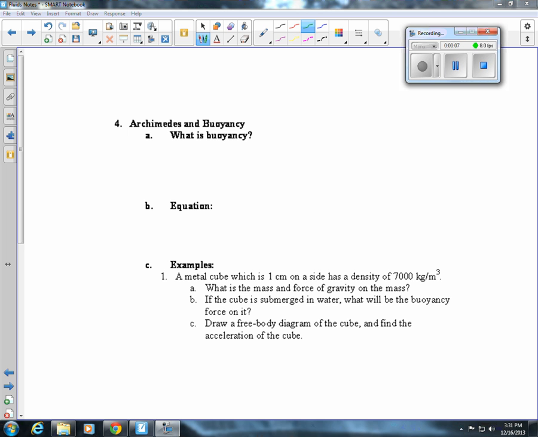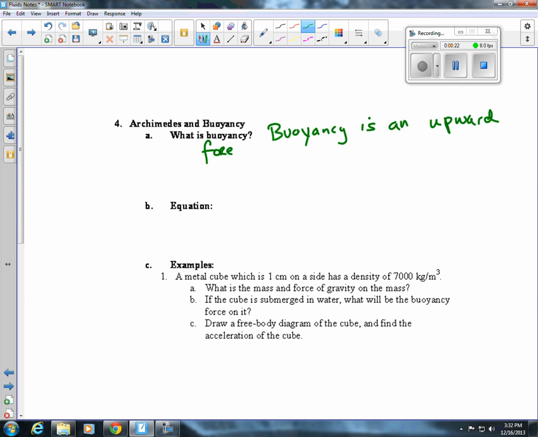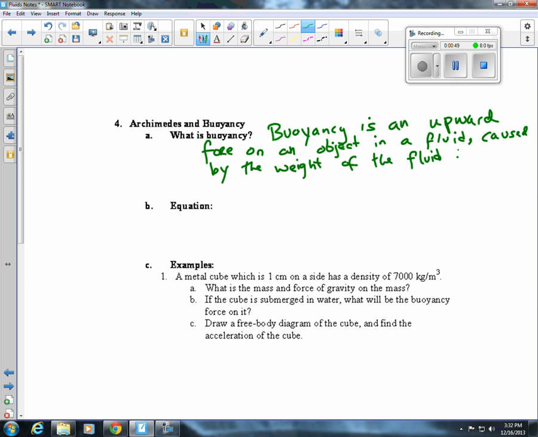And buoyancy is an upward force on an object in a fluid that is caused by the weight of the fluid displaced.